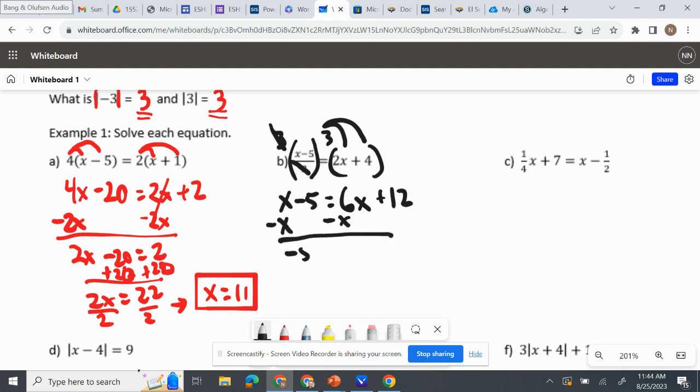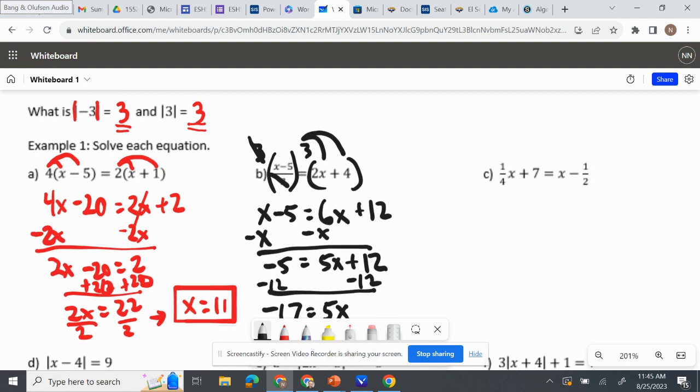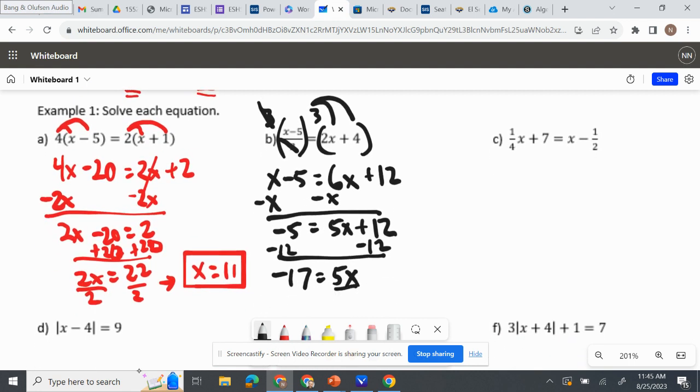And that gives me -5 is equal to 5x plus 12. Then I'm going to subtract the 12, and I get -17 is equal to 5x. Now, since I want to get the x by itself, I'm going to divide both sides by 5. And when I divide by 5, what I get is x is equal to -17 over 5.